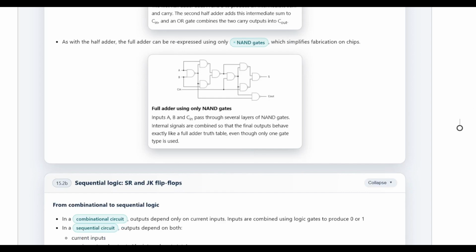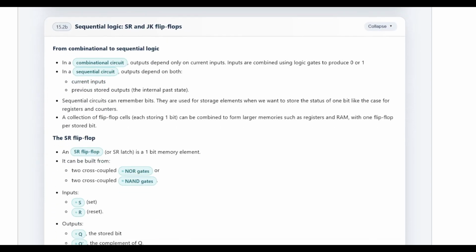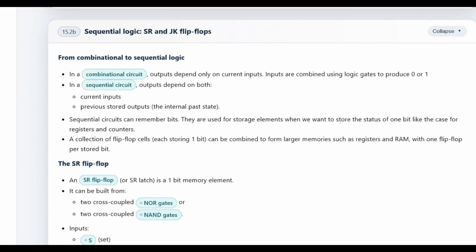We started also the SR. For the SR, we said that there are two types of circuit: combinational circuit and sequential circuit. Combinational circuit is what we did in AS level, when inputs are combined using logic gates to produce 0 and 1.